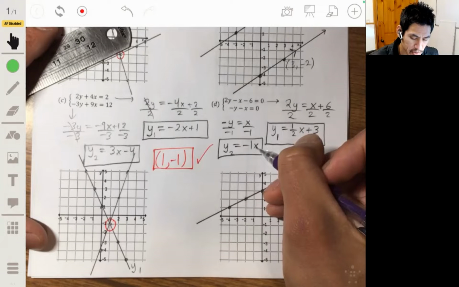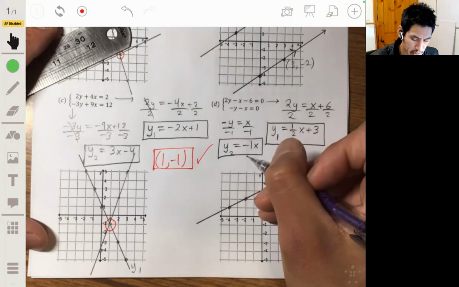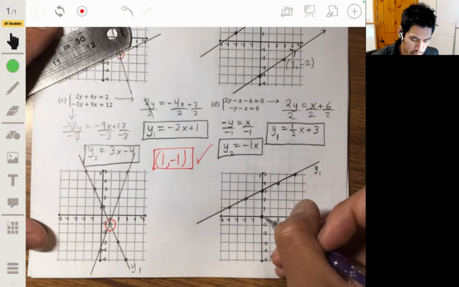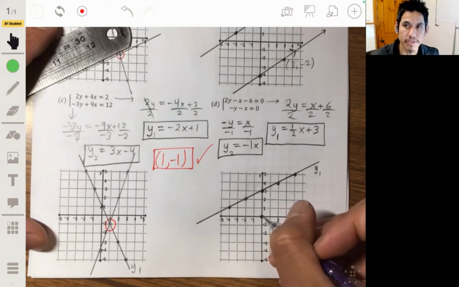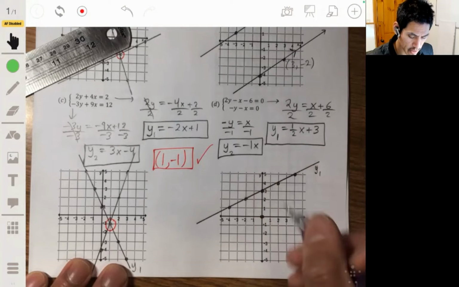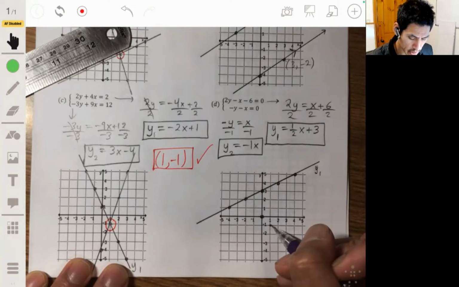Now the y-intercept here is 0 because this is the same as negative 1x plus 0, but we don't obviously write plus 0. So we have the y-intercept at the origin, then slope of negative 1. So we go down 1 to the right 1.